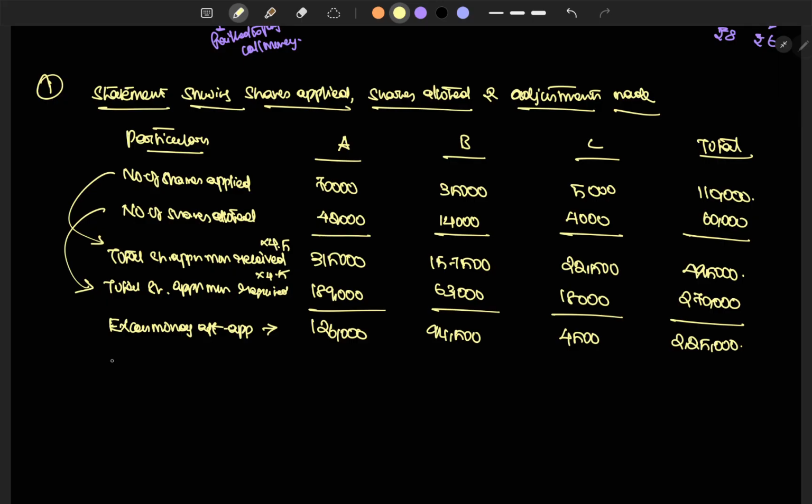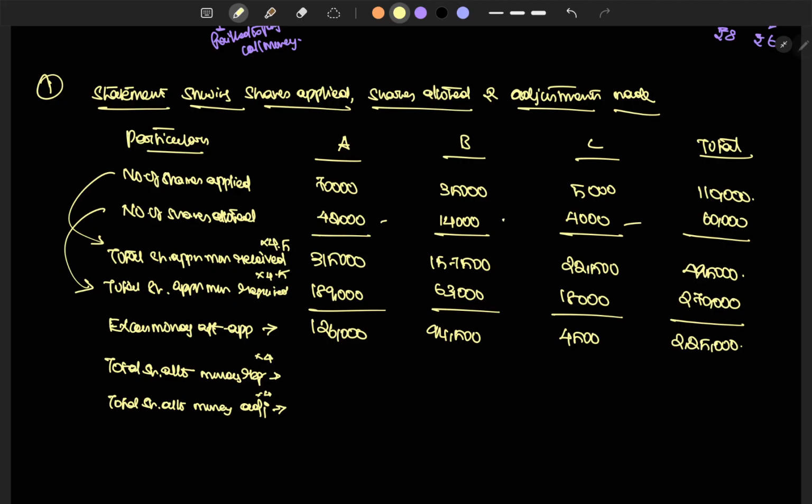Okay, now total share allotment money required and total share allotment money adjusted. So allotment money is how much? This is 4 rupees. Okay, allotment is as usual on the allotted shares.